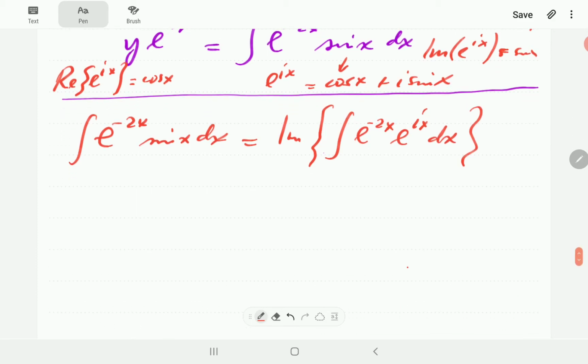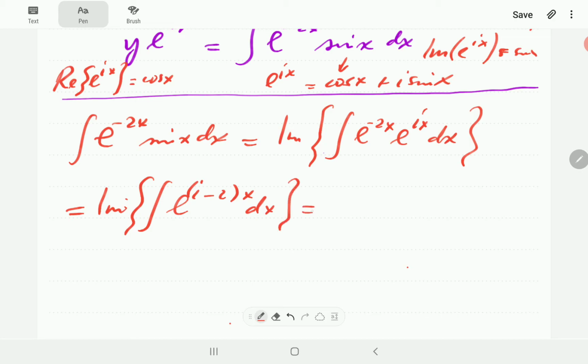All right, so this is going to be the imaginary part of the integral of e to the, combine the exponentials, that is going to be e to the i minus 2x, and then we can integrate that.